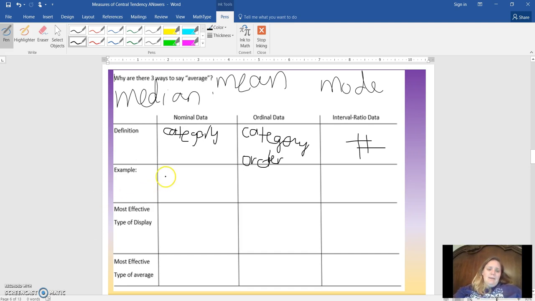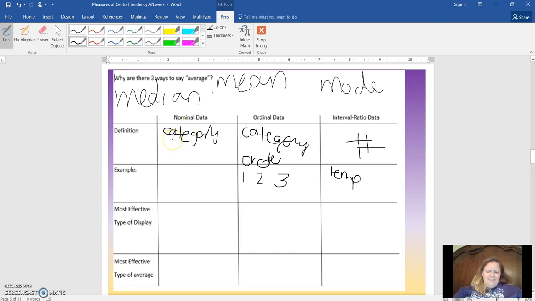And then the other one, nominal, there's no order. So an example of order might be first place, second place, third place, or good, better, best. Interval ratio is literally anything with numbers: the temperature outside, how many TVs you have in your home, your ACT score, your SAT score, your age, anything with a number.